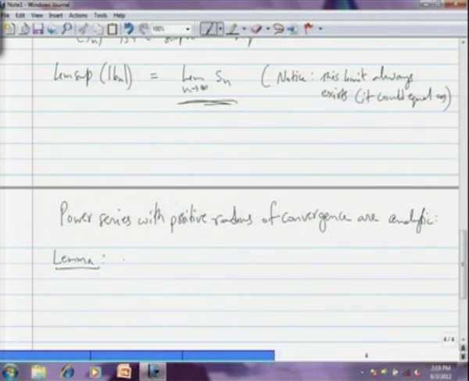First I will show that the power series sigma C n z power n and sigma n C n z power n minus 1 have the same radius of convergence.